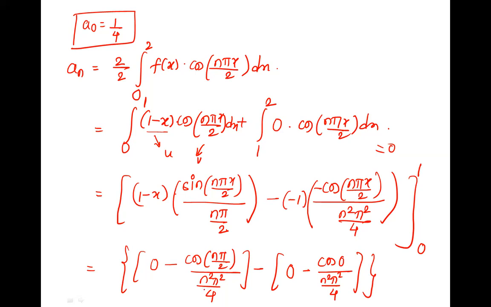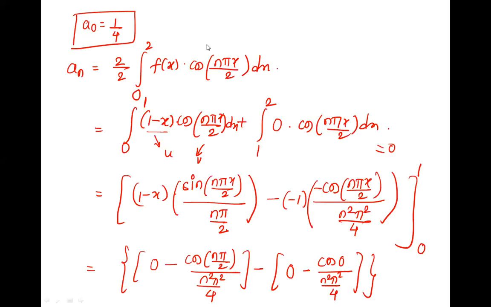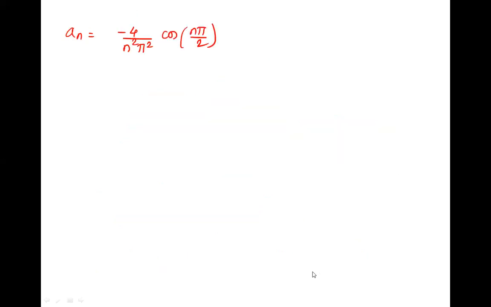So it is minus 4 upon n square pi square into cos n pi by 2. What is the next term? Minus minus plus 4 upon n square pi square into cos 0.